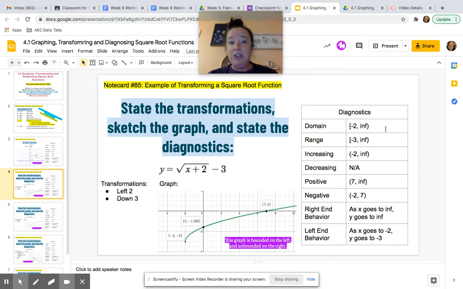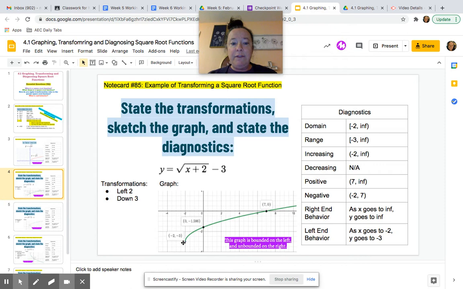So -2 to infinity. The range, if I smush to the y-axis, my bottommost y value is -3. It's included, and it goes on forever up, so to infinity. This thing is increasing on its entire domain, so from -2 to infinity without a bracket. It's not decreasing.